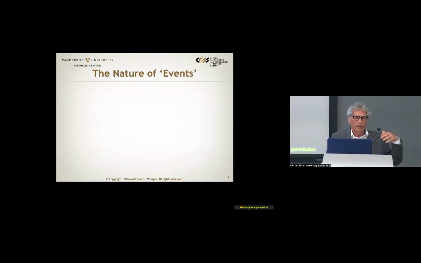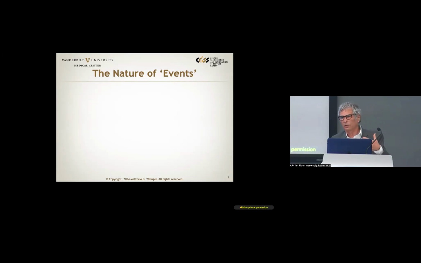So I want to reframe the discussion of error next, and then we'll talk about systems approaches. So at our institution, we don't talk about errors. We talk about events. And humans always play a role in events. It may be the human at the point of care. It may be very far upstream.